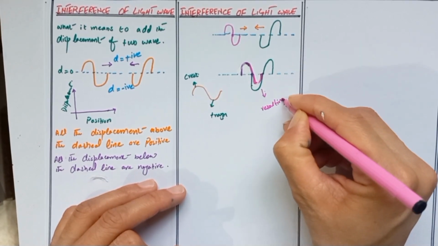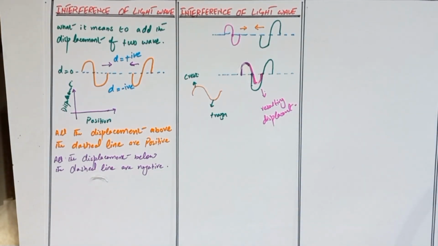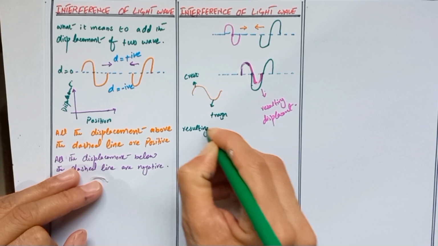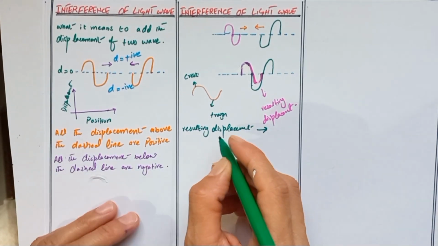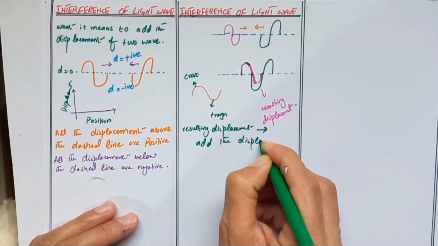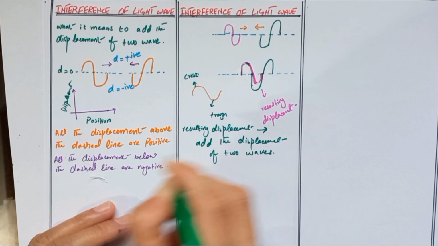The resulting displacement can be found by adding the displacements of the two waves.